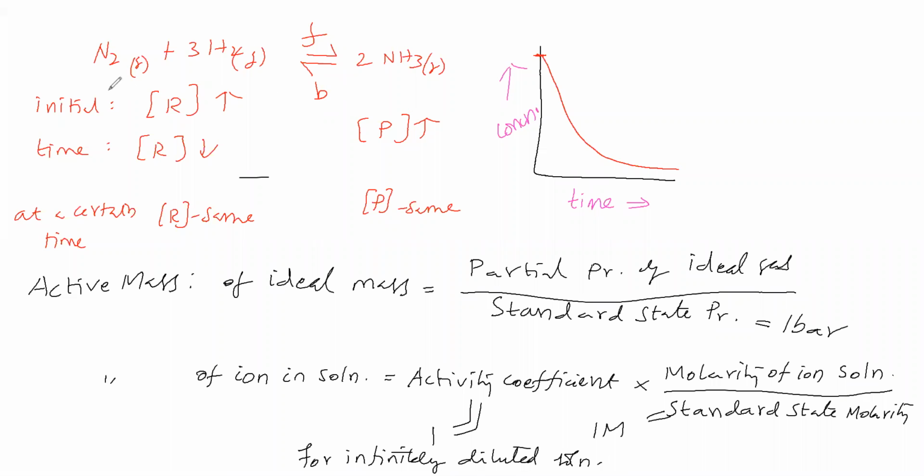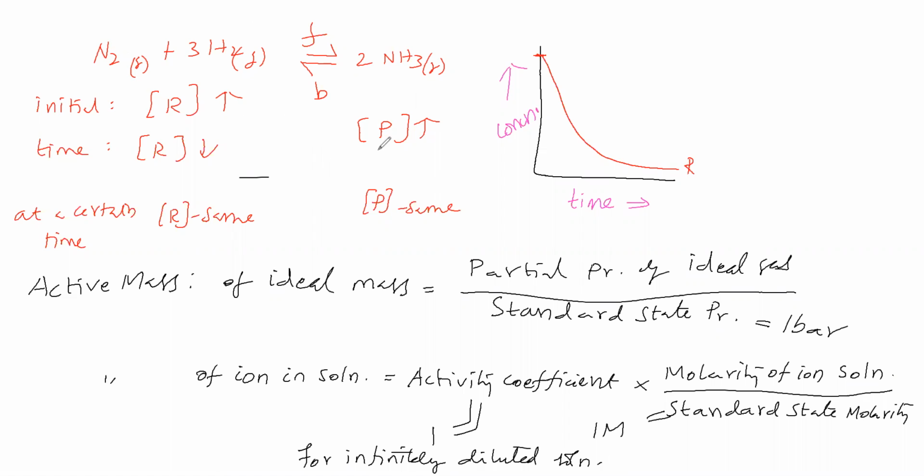Initially we took only nitrogen and hydrogen. We have not taken any ammonia. Then what is the concentration of product initially? 0. As time passes, what happens to the concentration of product?